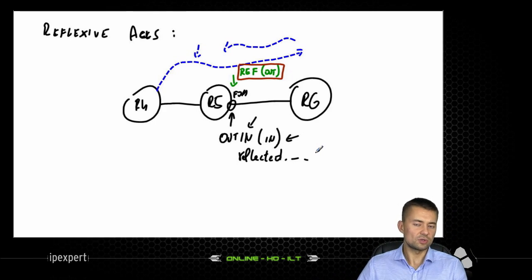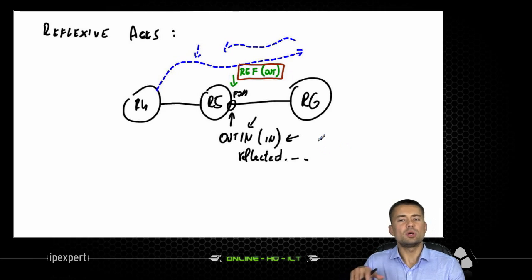The original session is from 4 to 6. The reflected session is going to be from 6 to 4, and also the port numbers will be swapped. This feature uses upper layer session information. There is no connection table like with a stateful firewall. It's just an access list that is being dynamically updated to allow return packets for the session.